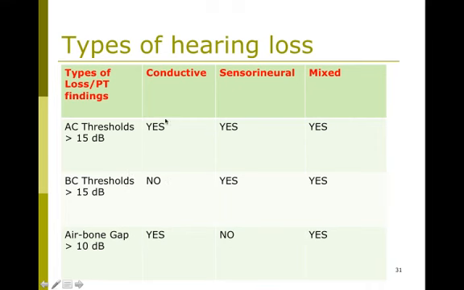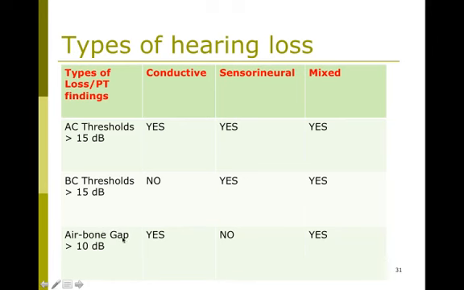For a conductive hearing loss, since the problem is in the conductive system, if you can bypass that, things are within normal limits in the cochlea and the auditory nerve, so the bone conduction thresholds are going to be within normal limits. So for this question, if the bone conduction thresholds are more than 15 decibels, the answer would be no. And if you compare the air conduction thresholds and bone conduction thresholds, you're going to have what we call a significant air-bone gap.